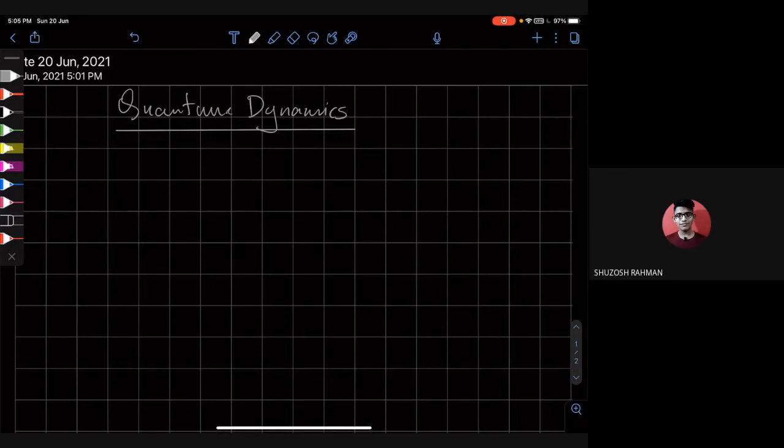In today's lecture, we shall come across another formulation of quantum mechanics in which the central equation is not Schrodinger equation, but Heisenberg's equation. So Schrodinger equation is the analog of Newton's equation, but for quantum mechanics.